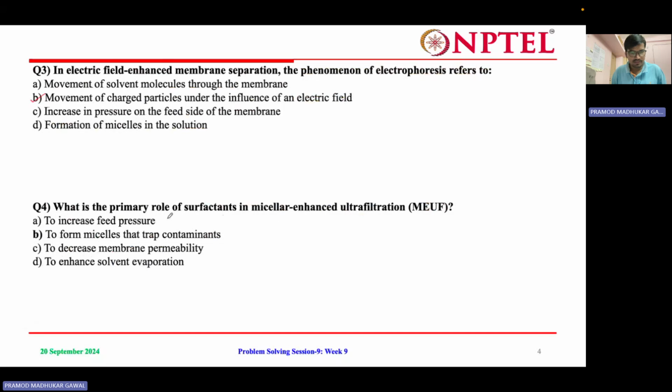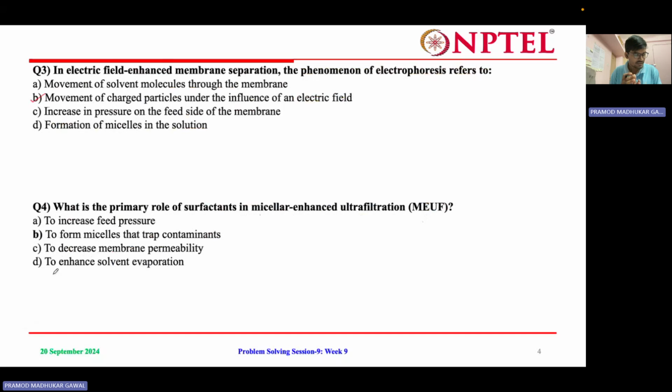Question 4. What is the primary role of surfactant in micellar enhanced ultrafiltration? Generally, the surfactants are added to the feed solution to form micelles.